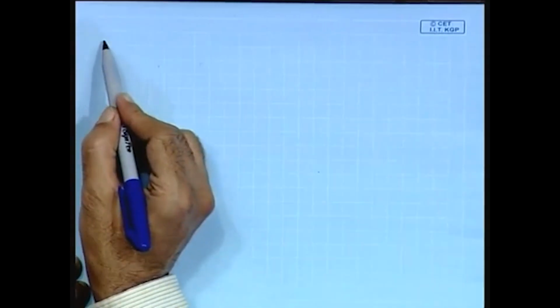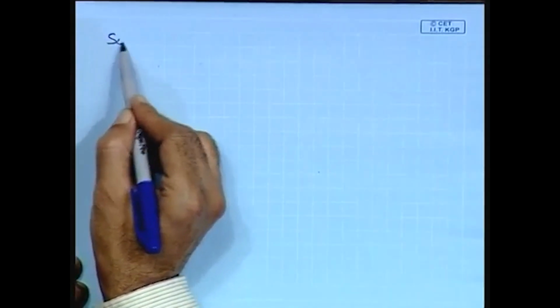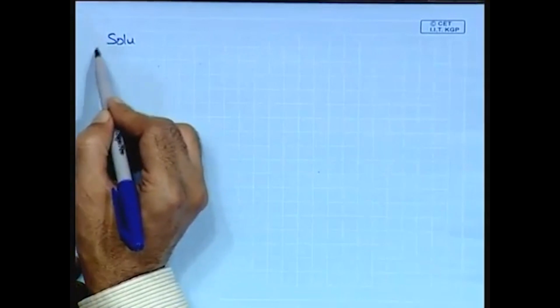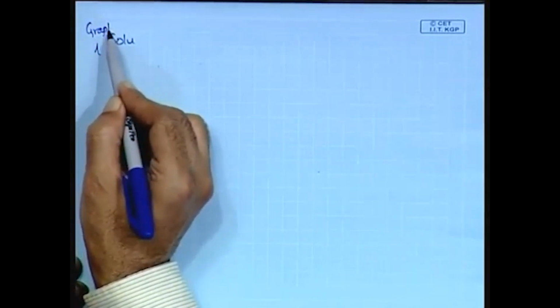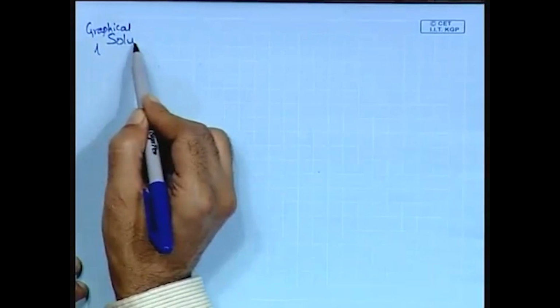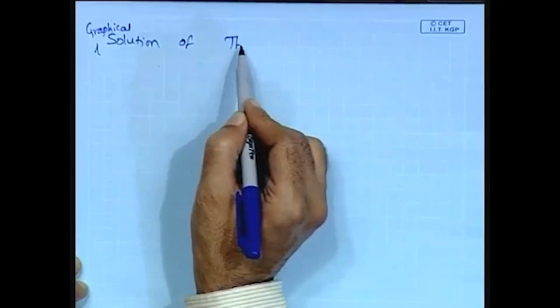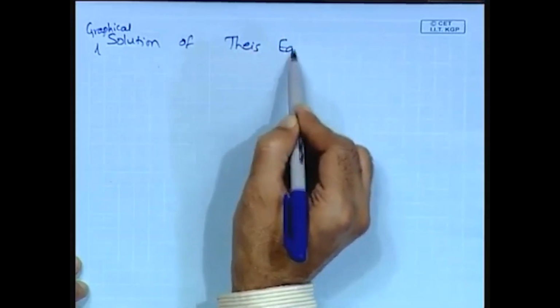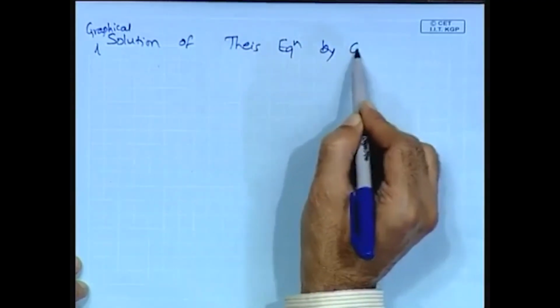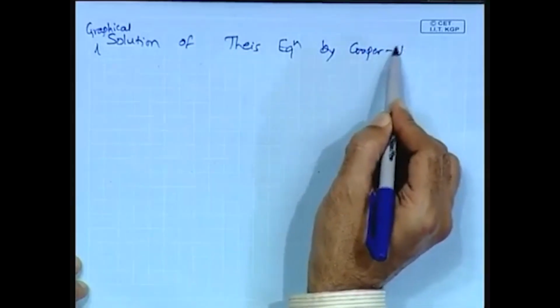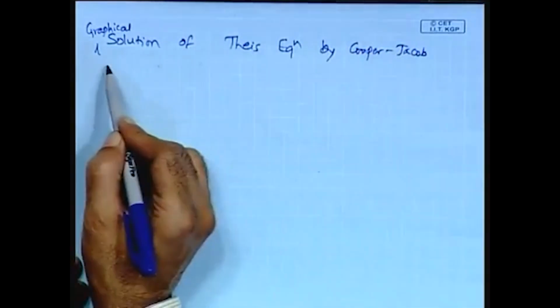Now, let us go to the second graphical method, which is the graphical solution of the Theis equation by the Cooper-Jacob approximation.